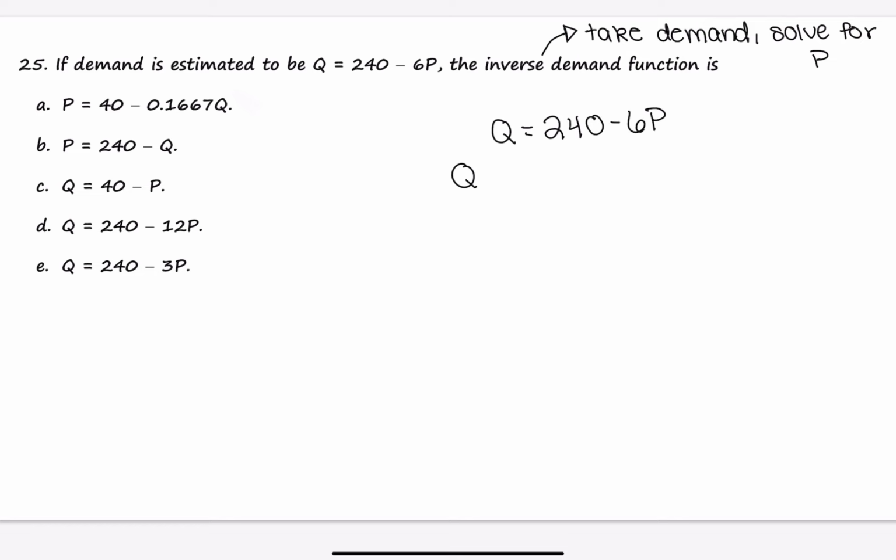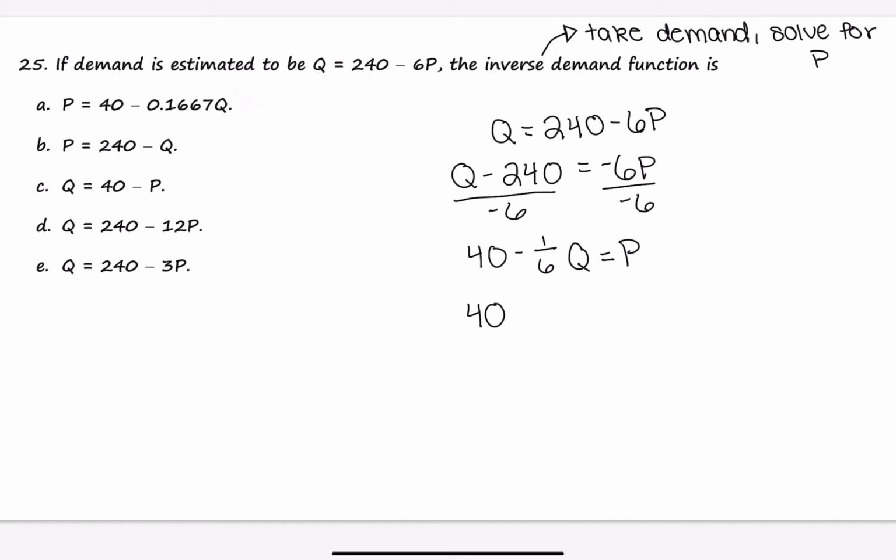Subtract 240 from each side, so Q minus 240 equals negative 6P. Divide by negative 6. So we get 40 minus 1/6 Q equals P. 40 minus 0.1667 Q equals P, which means our answer choice is A.